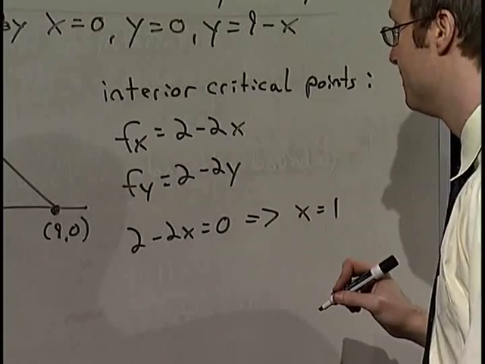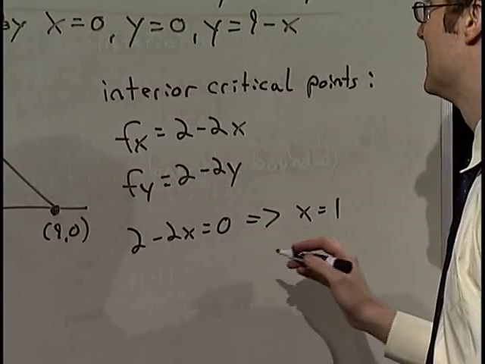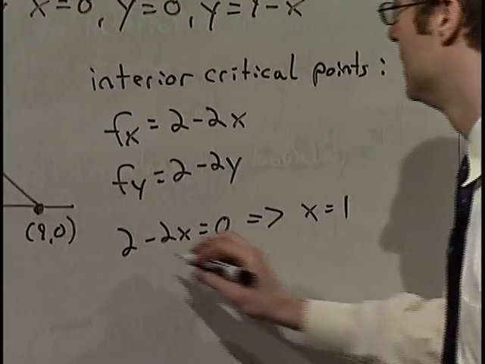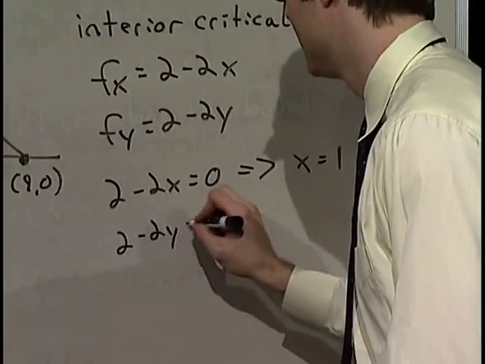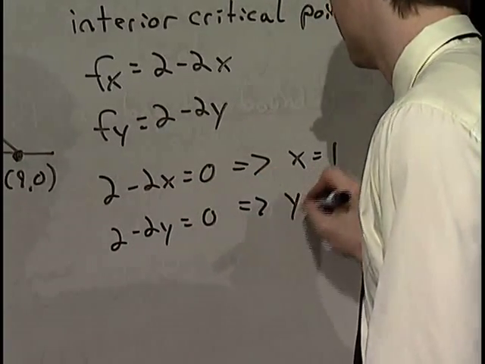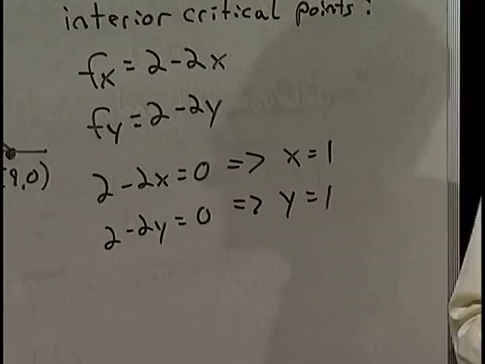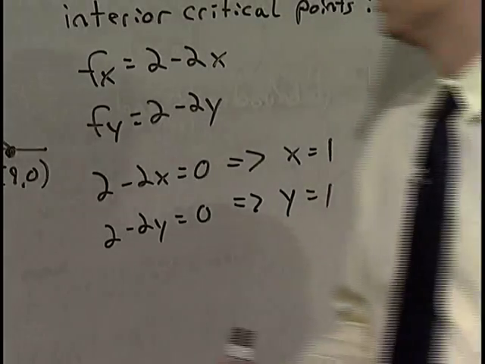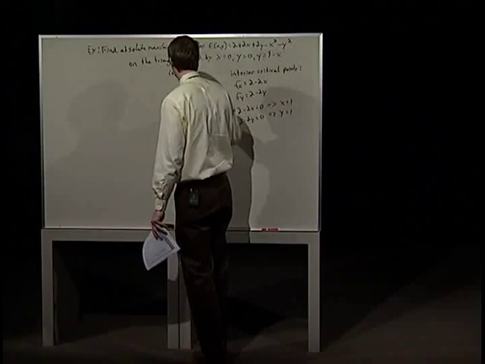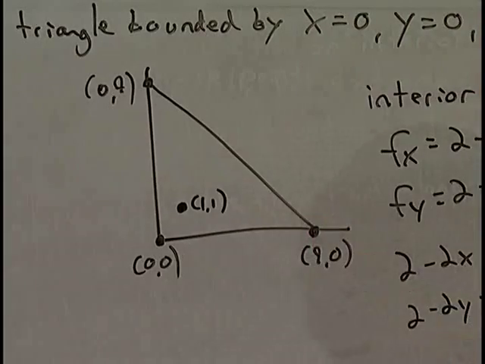And then 2 minus 2y is equal to 0 implies also that y is 1. Okay? So 1, 1 is an interior point. That's a possible candidate.